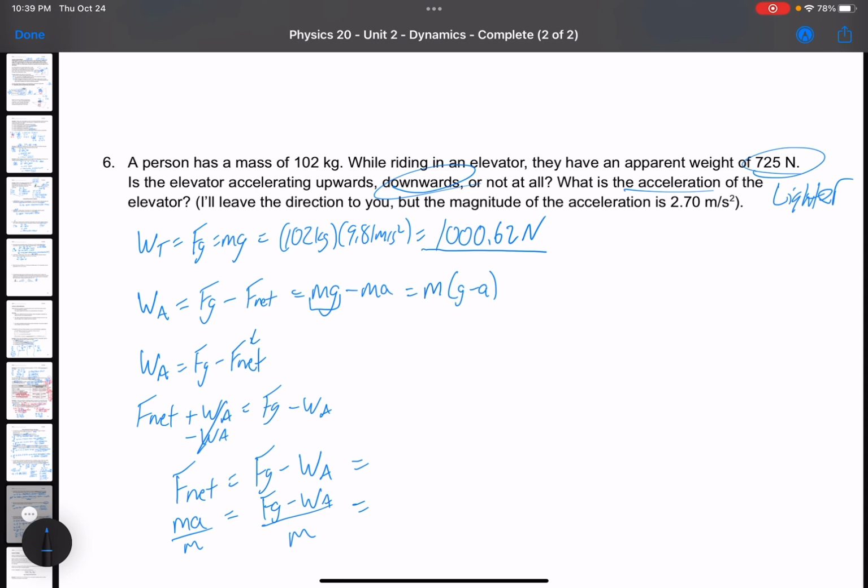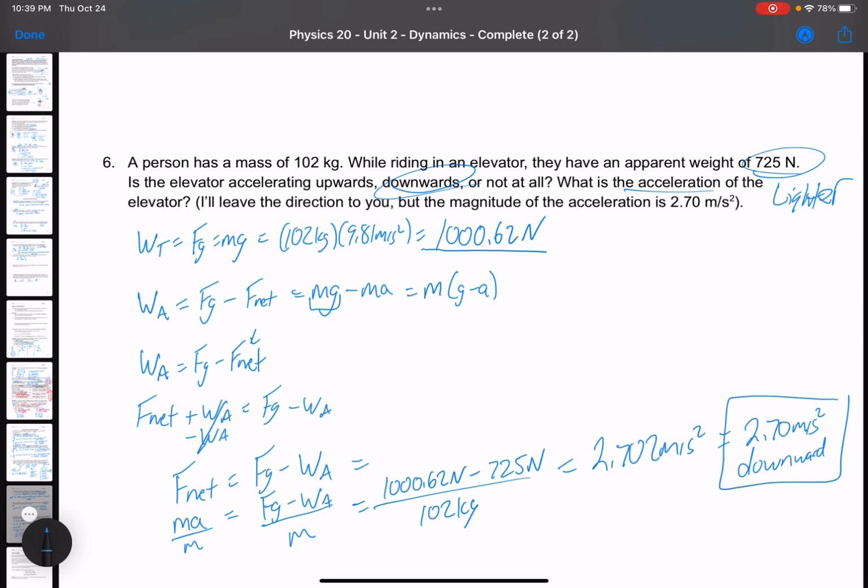Fg is that true weight, so 1,000.62 newtons, minus the apparent weight given to me in the question, 725, all divided by the mass of 102 kilograms. That gives me 2.702 meters per second squared. So 2.70 meters per second squared, and it's in the downward direction we decided because the person is lighter.